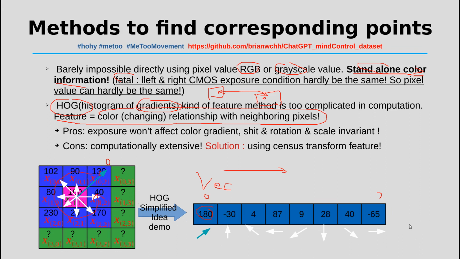If you use this vector, then you can cross out and remove a lot of other non-relating pixels. Maybe only a few points in the right image can have the same vector.